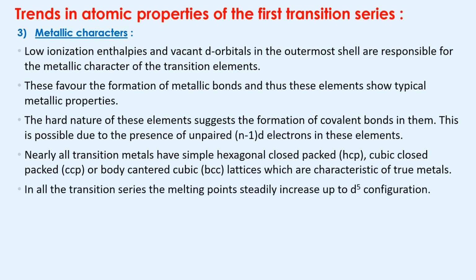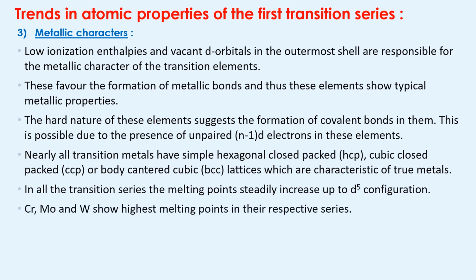Now in this transition series, the melting point steadily increases up to d5, that is starting from scandium up to manganese. From manganese towards zinc, the melting point once again decreases. In all these series, chromium, molybdenum and tungsten show the highest melting point.